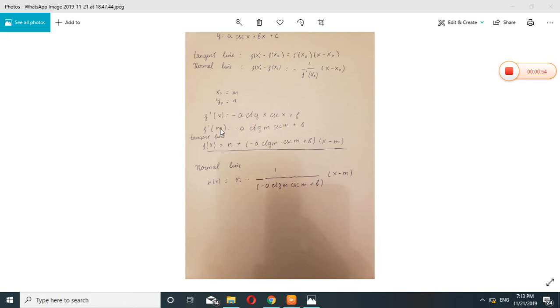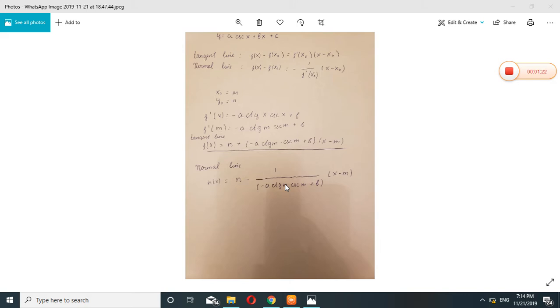Then we give the initial value, f'(m) equals minus a cotangent m multiply cosecant m plus b, and then we plug everything into our tangent line equation and then the normal line equation.